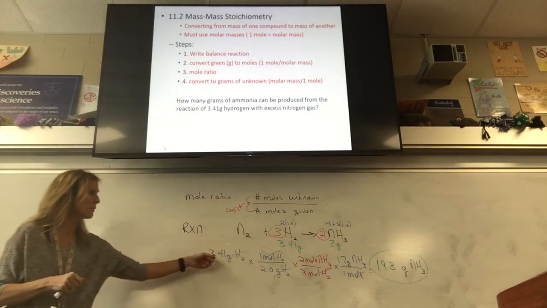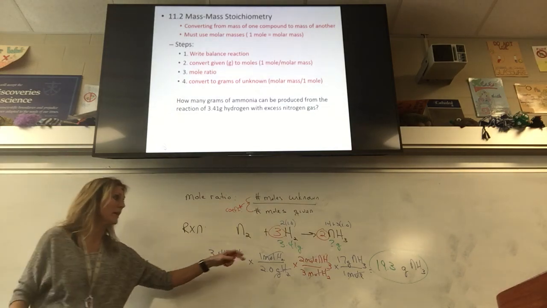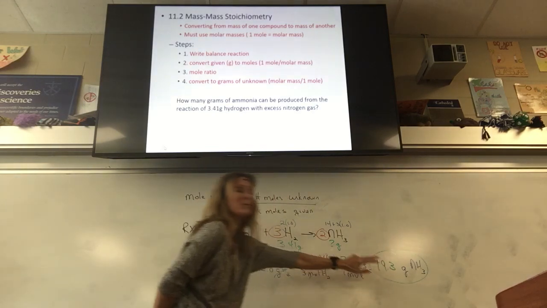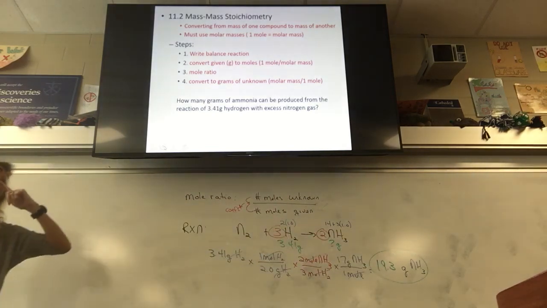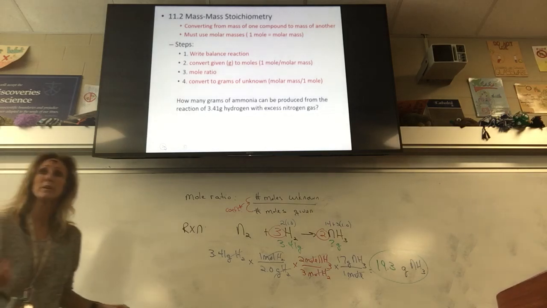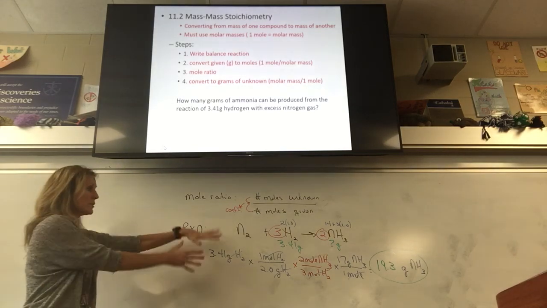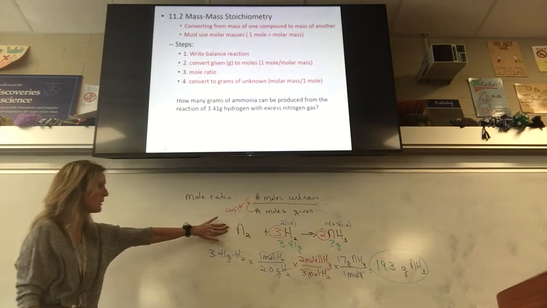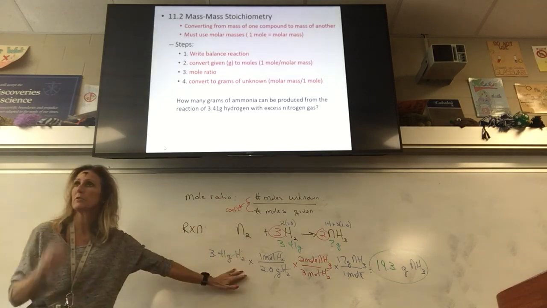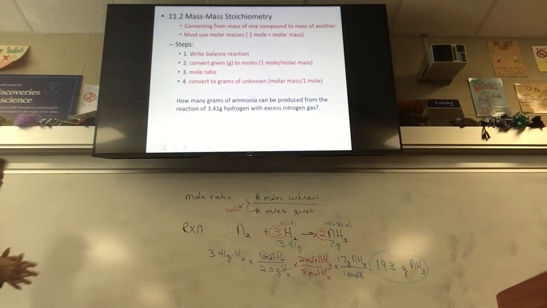And since we started with 3 sig figs here, with the 3.41 grams, I'll keep 3 sig figs with the grams of ammonia. And again, if you went 1 more or 1 less, as long as you're rounding correctly, that's fine. Okay, but you got to show your reaction, got to show your factor labeling, how much you want to label of that factor labeling. That's up to you.